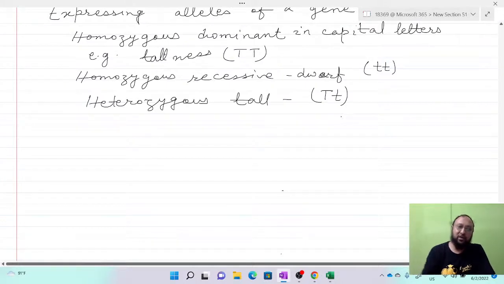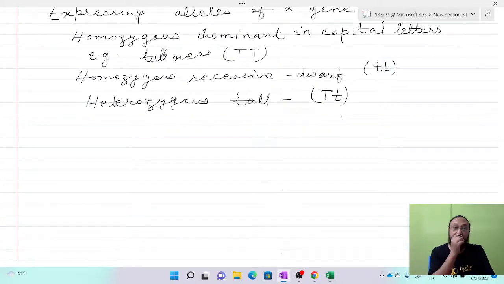So dominant. What is a dominant allele? The allele means its alternative forms.